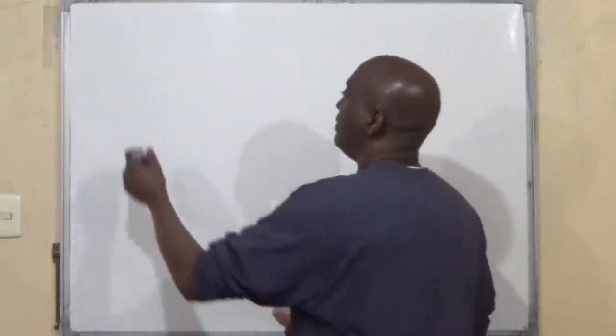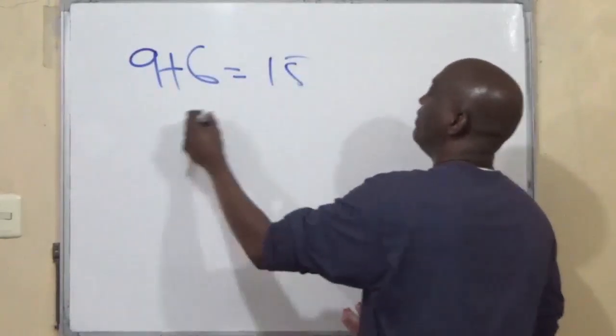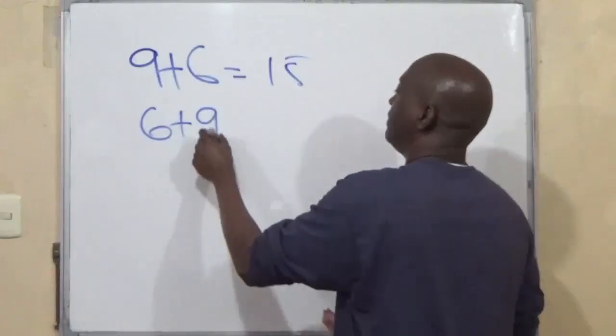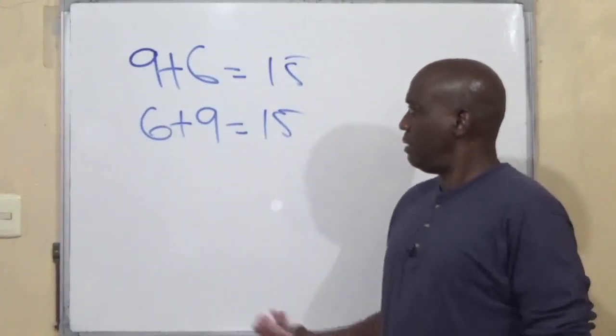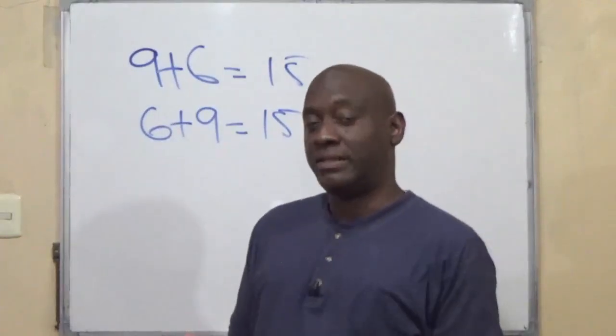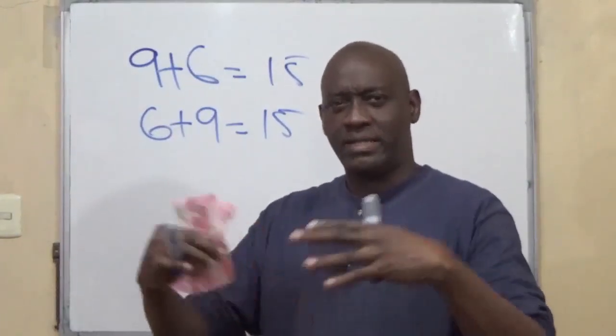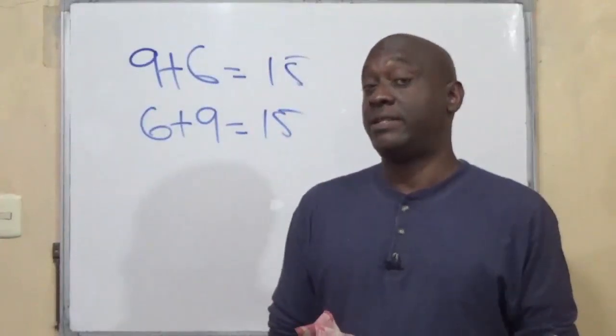The order doesn't make a difference. So we know that 9 plus 6 is equal to 15. We know that 6 plus 9 is also equal to 15. The order doesn't make a difference to the result. The order in which you interact the entities does not make a difference to the result.